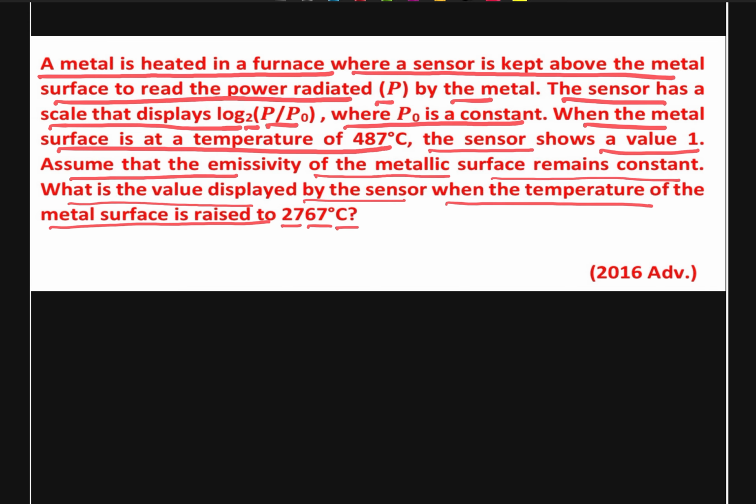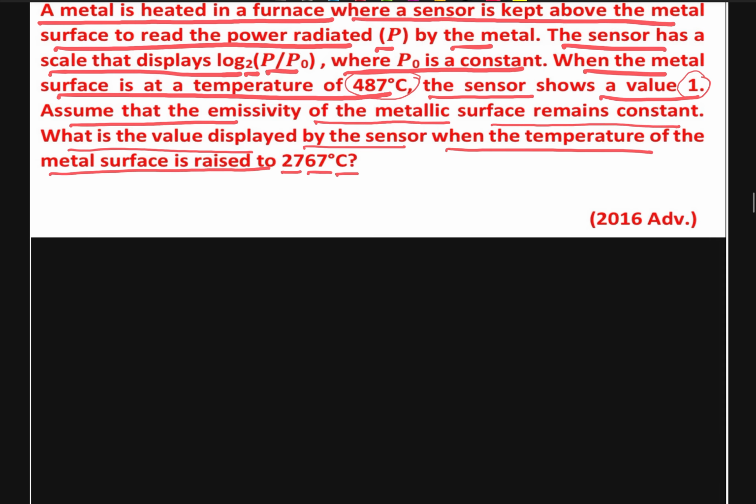So first of all, we have to find out our power radiated, and for that we are going to use the Stefan-Boltzmann law. Okay, and we have to keep in mind that the sensor is going to display a value of 1 when the temperature is 487 degrees centigrade.